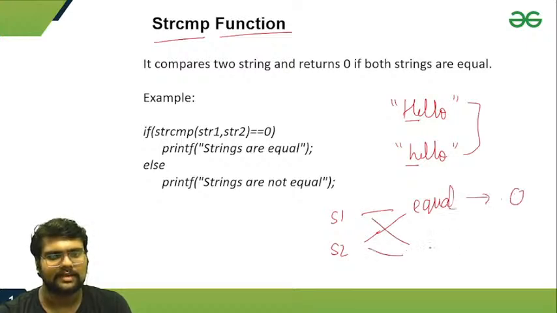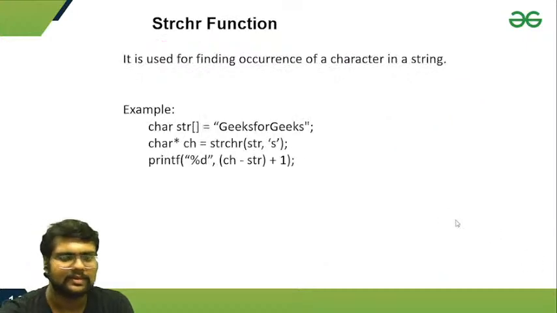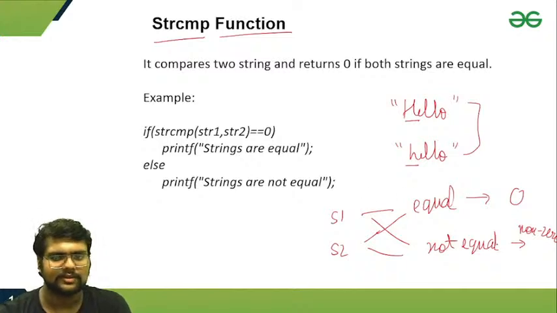If s1 and s2 are not equal, then it will return something other than 0, some non-zero value.